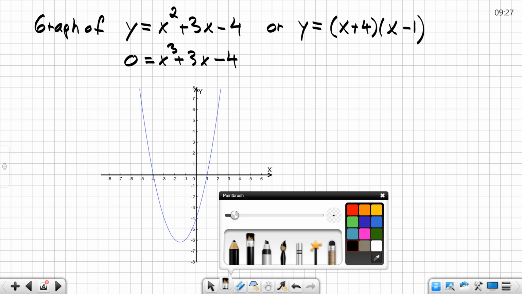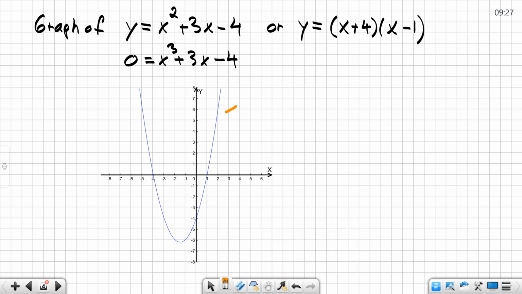Now, the graph of y is equal to x squared plus 3x minus 4 looks like this blue line. Or if I draw over it right now, I will make it orange. And we notice something. Another form of the same equation would be the factored form.